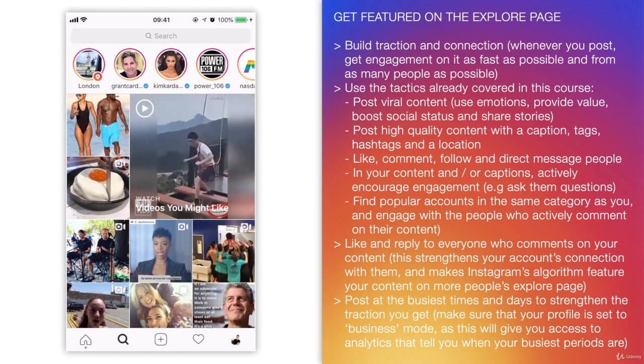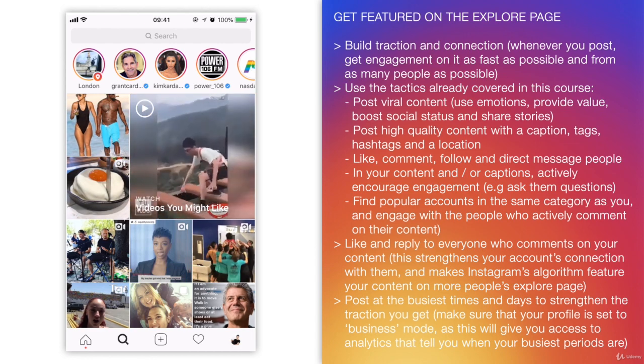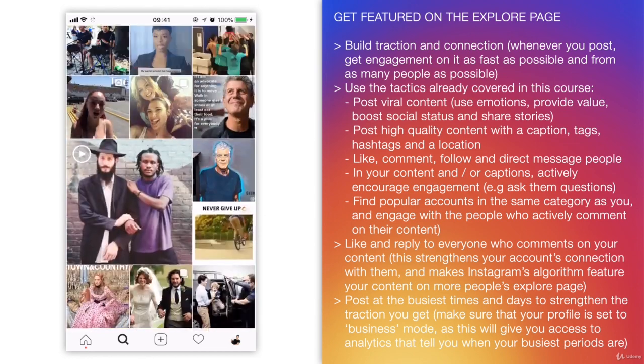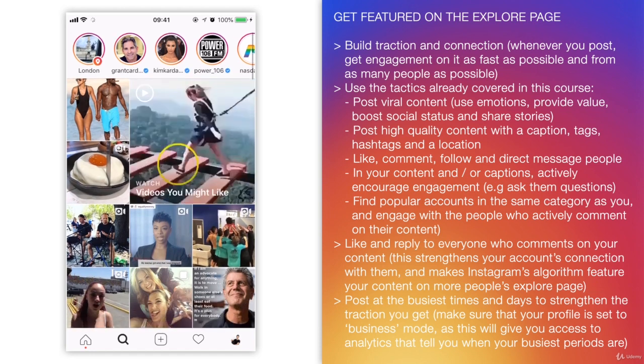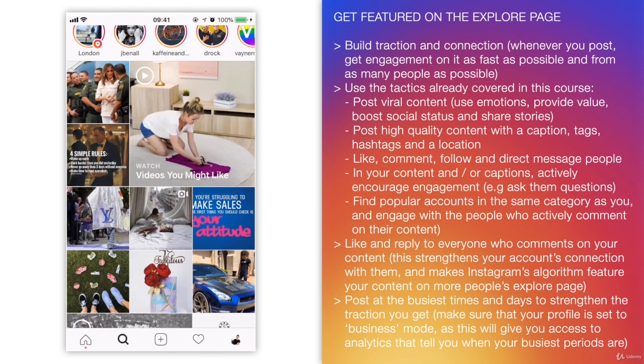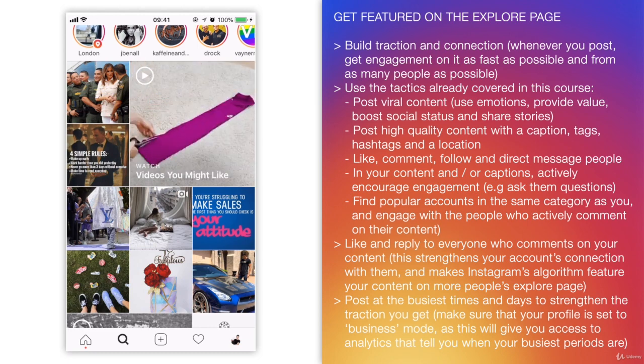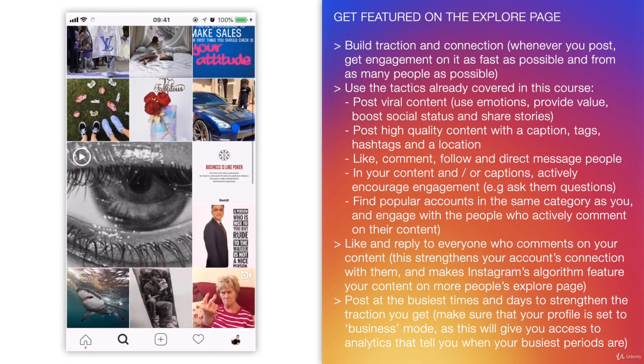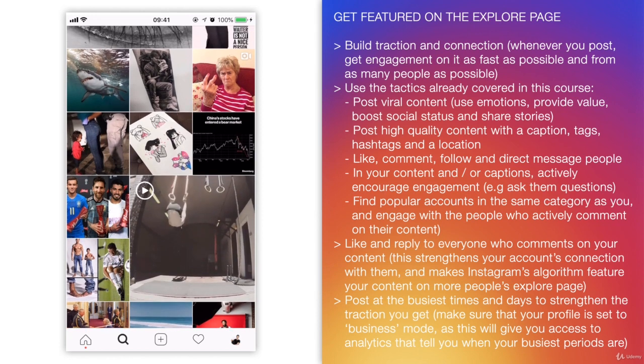Okay, so if a post's getting a lot of traction, it will appear on Instagram's Explore page. And what will make it even more likely to appear is if it's based on connections to people that you're already following. So, for example, a lot of these posts will be from accounts that my friends and family follow, because that's a connection.